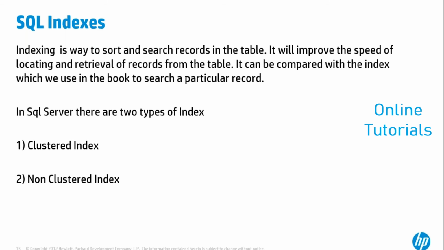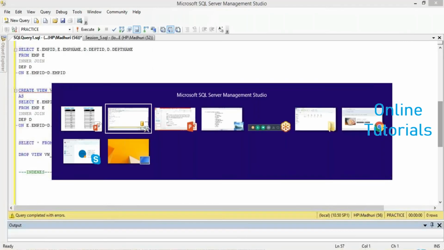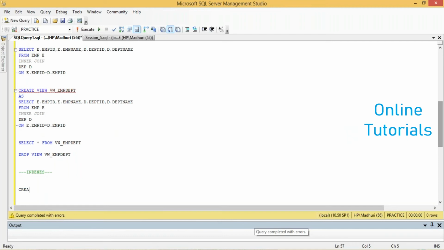See, there are two types of index. We can see the clustered index. Okay, I'll tell you. I'll create a table: create table employee list.